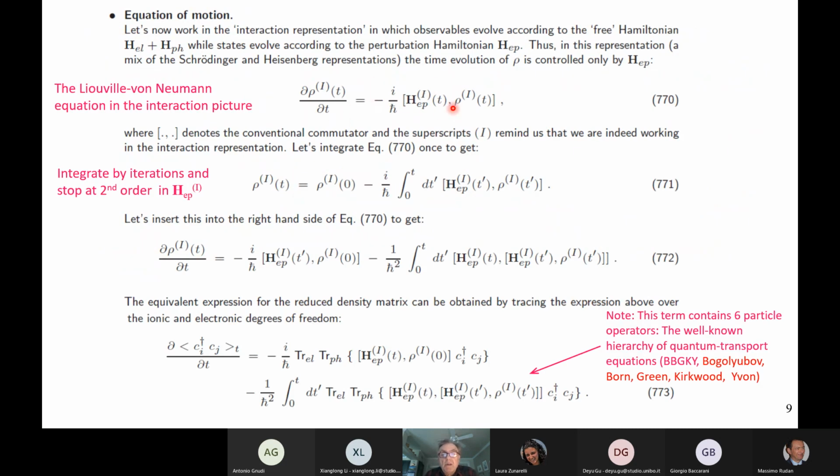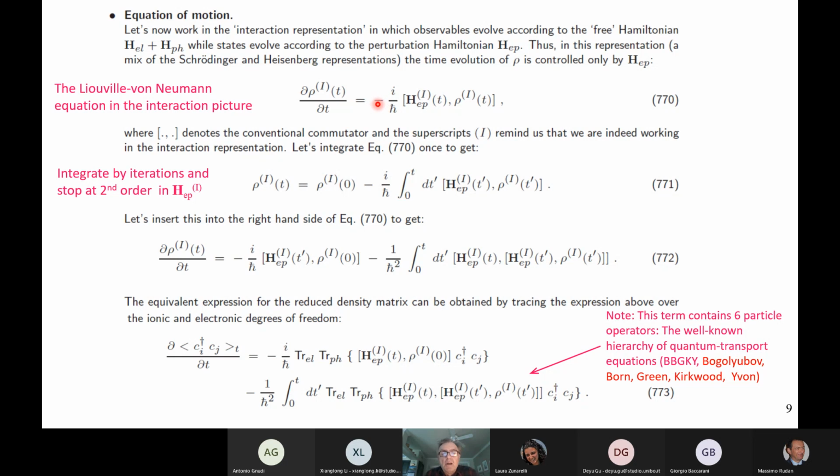We start from the Liouville-von Neumann equation of motion for the density matrix. This superscript I, if I remind you, implies that we use the interaction picture, in which states evolve according to the perturbation Hamiltonian, and operators evolve according to the unperturbed Hamiltonian.